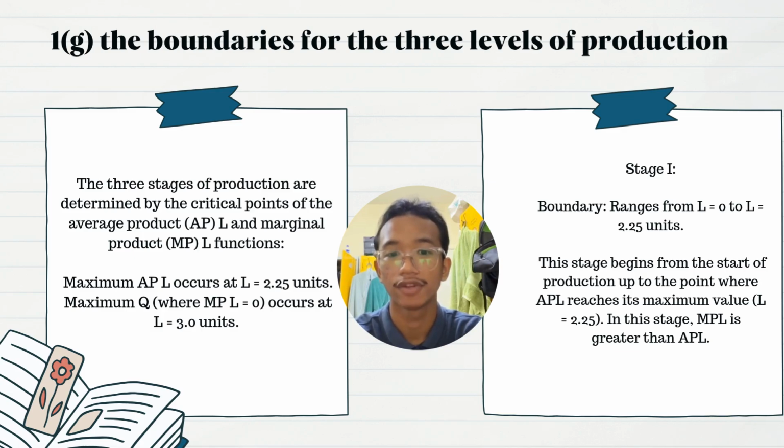At this point, the firm has plenty of machines, which is 10 units of fixed capital, but very few workers. Because there are so many machines available, every time the firm hires a new worker, the workers can specialize and use the machines more efficiently. As a result, both the marginal product MPL and the average product APL are increasing. In fact, throughout stage 1, the marginal product is always greater than the average product.